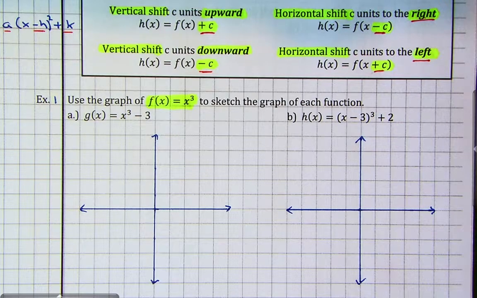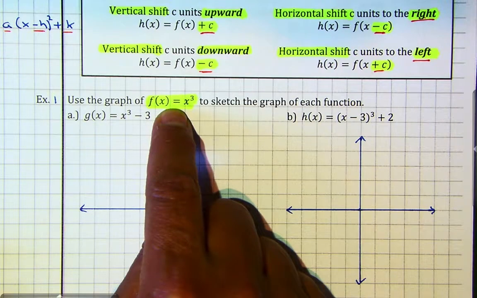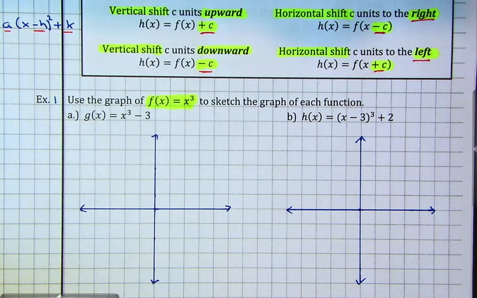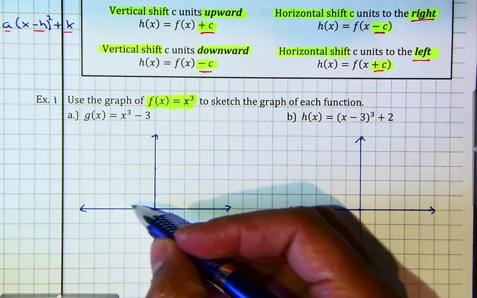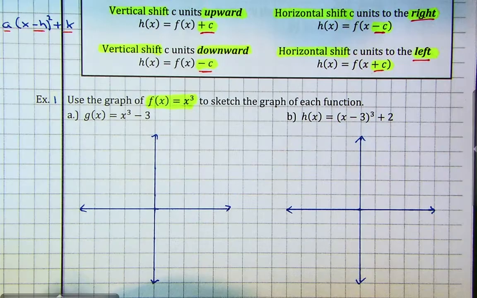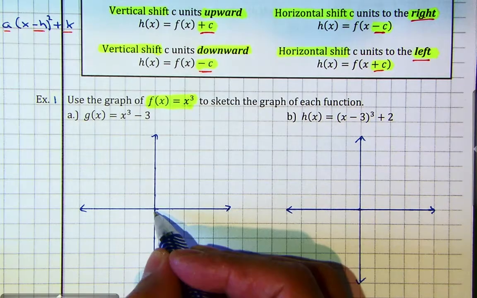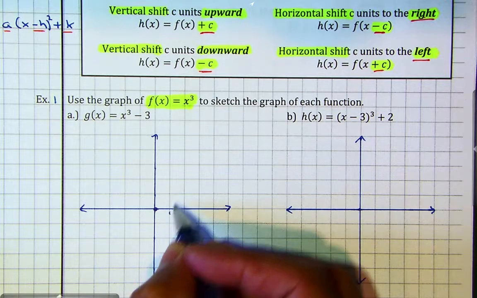Now, first we are going to graph your parent graph, x to the third power. What does x to the third power look like? First, plug in a 0 gives you 0. Plug in a 1, 1 to the third power is 1.